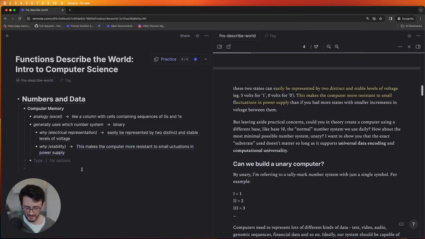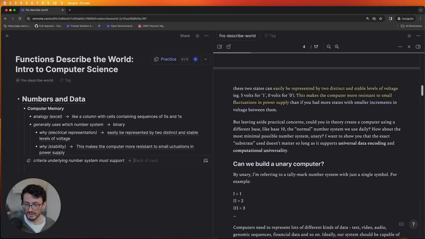So here I could say, like underlying number system, like criteria, underlying must support, something like that. And here, again, I have a choice.